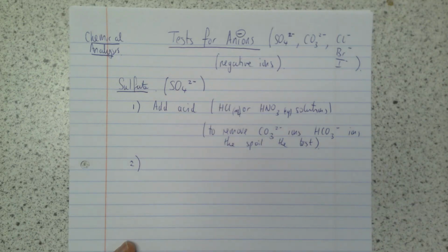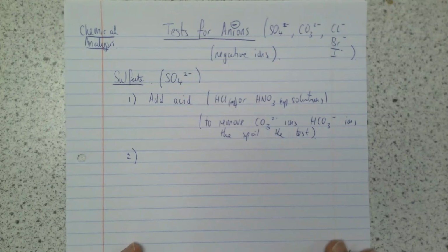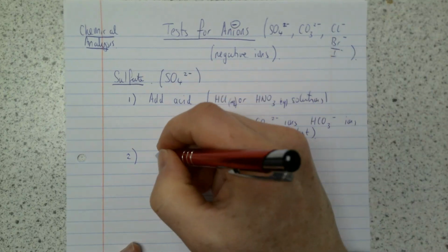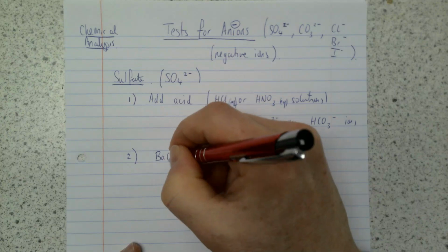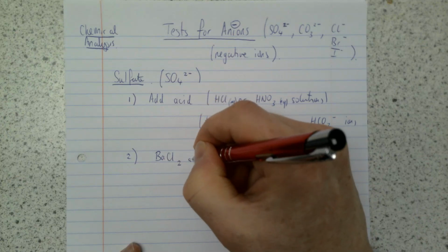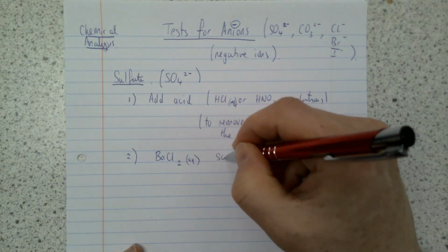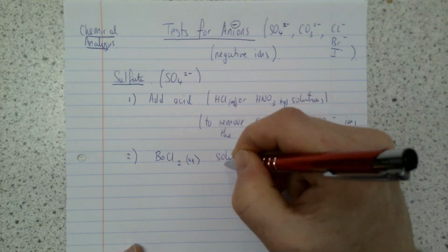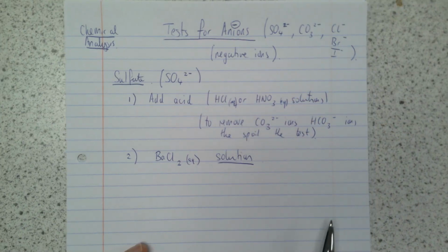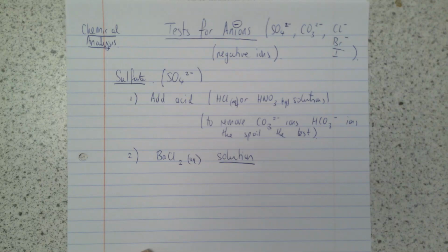And to do the test, you simply add to it a solution of barium chloride. So it has to be a solution. That's why I've written aqueous there. I'm going to write the word solution to emphasize it. You get a mark for saying barium chloride, and you get a mark for saying solution, or writing the little aq there. So really emphasize that in your notes.